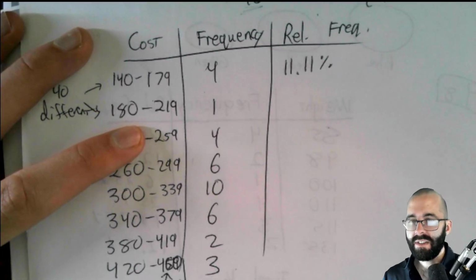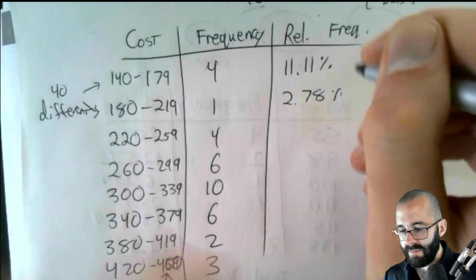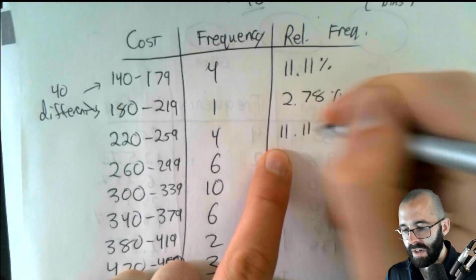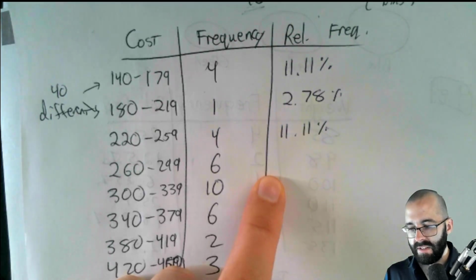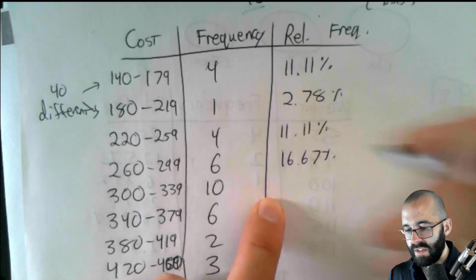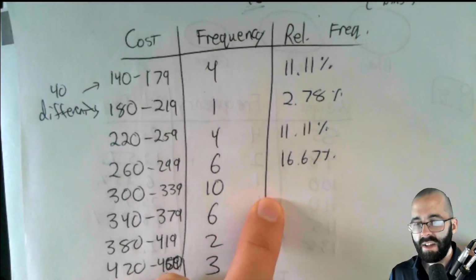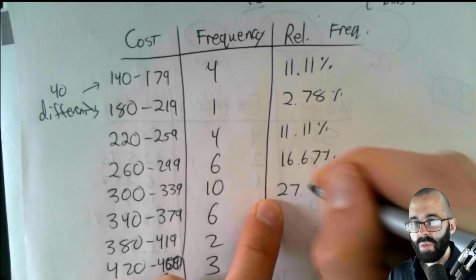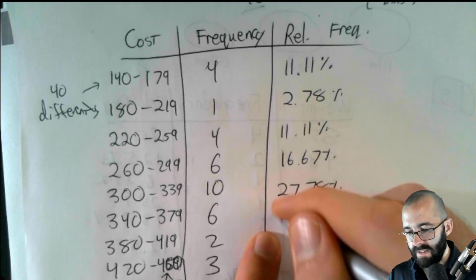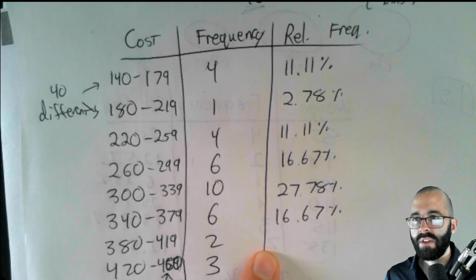1 divided by 36 is going to be 2.78% approximately. This is still 11.11%. This is 1/6, which is 16.67%. 10 out of 36. Oh, it's just this times 10. 27.78%. This is still 16.67%. 2 out of 36.